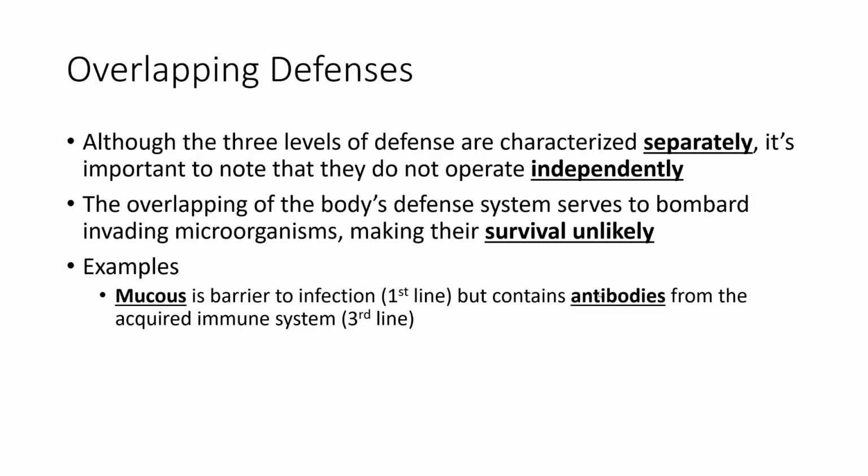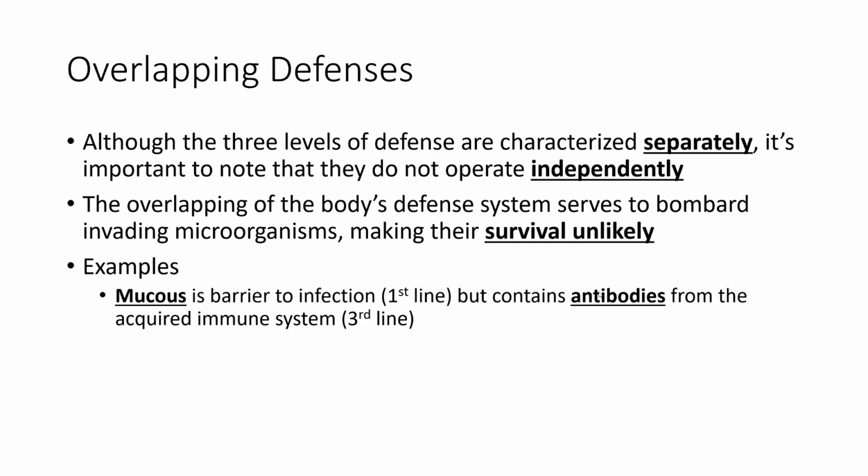On the very outer layer within the body, like the cavity of the gut, you have a little layer of mucus that lines all the organs. And it essentially acts to trap microbes to keep them from just moving throughout the body freely. So we call that a first line.